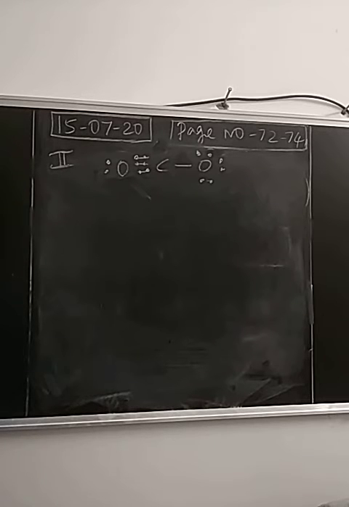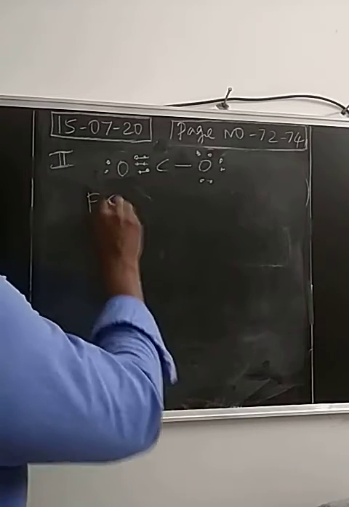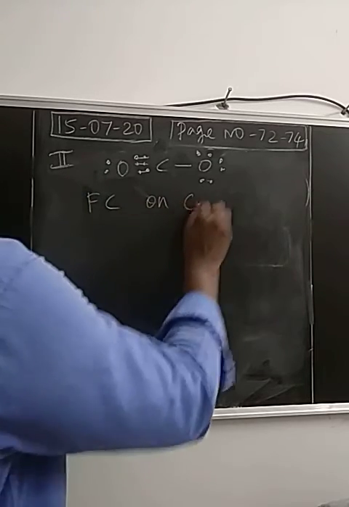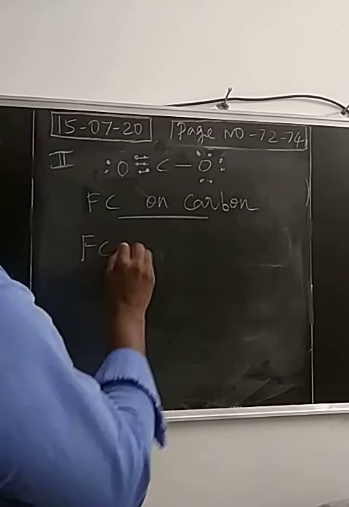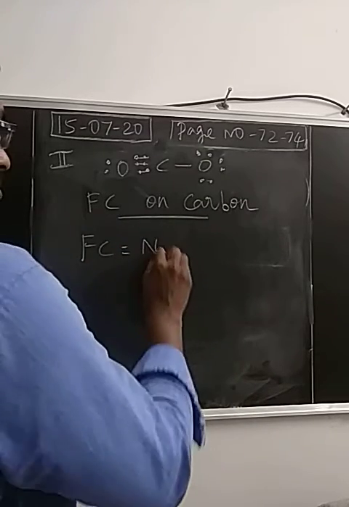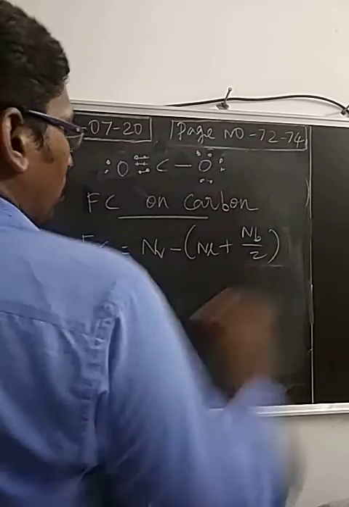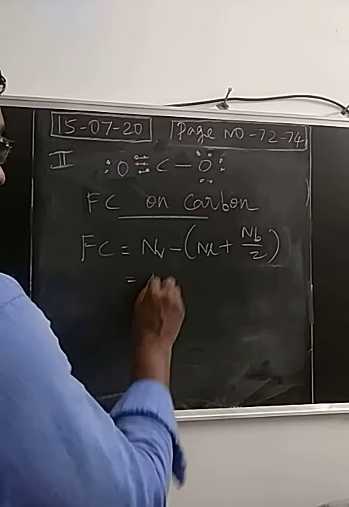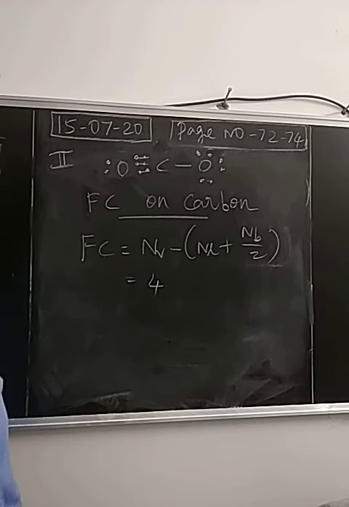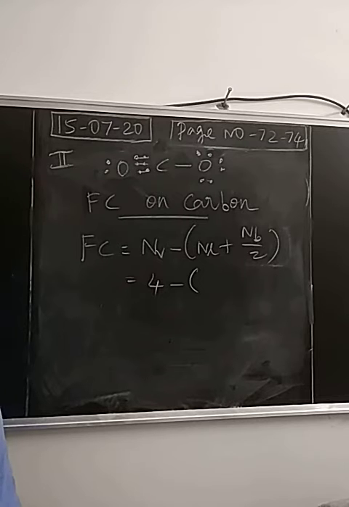For this also we may calculate formal charge. So formal charge on carbon: Fc is equal to Nv minus Nl plus Nb by 2. As we already calculated, the number of valence electrons on carbon is 4 in isolated state, minus number of electrons present as lone pair.